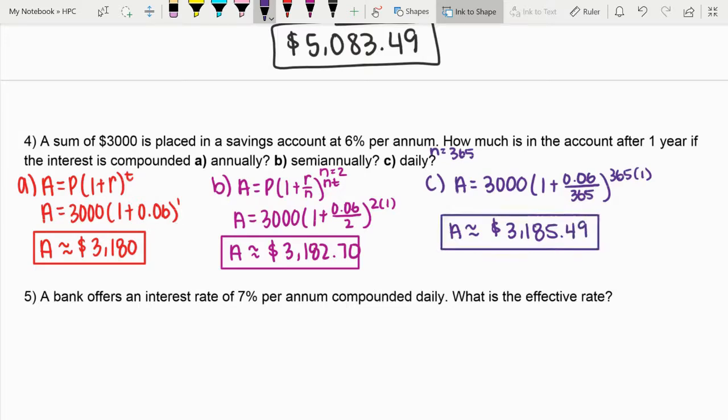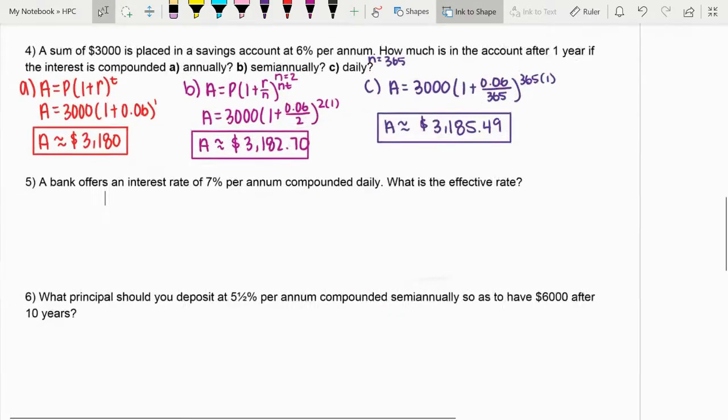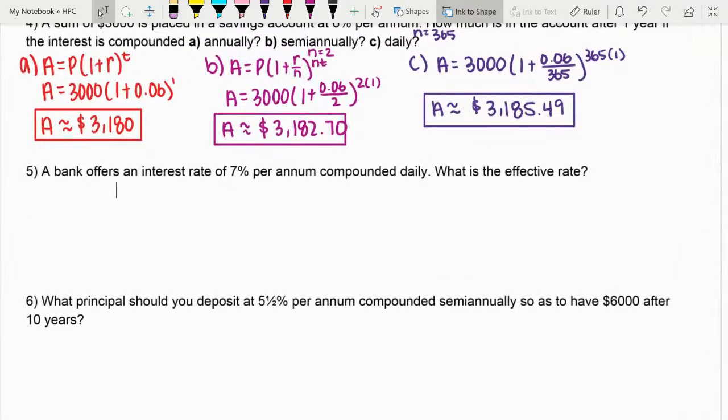Okay, so here you can see the benefits of compounding daily. Number 5, a bank offers an interest rate of 7% per annum compounded daily, and we want to find out the effective rate. So if you look back at all of our formulas, if something is being compounded daily and we're looking for the effective rate, we're going to use the formula 1 plus r over n raised to the power of n.